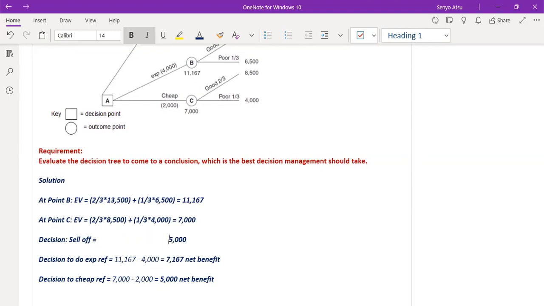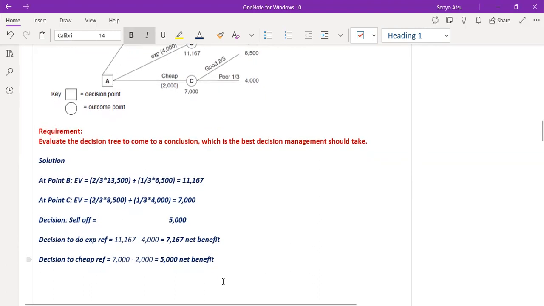Of all these three benefits, 7,167 is the best. So our decision is do not sell it off, do not do a cheap refurbishment, undertake an expensive refurb.